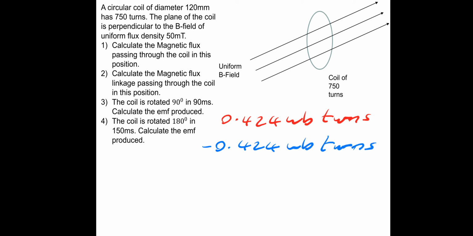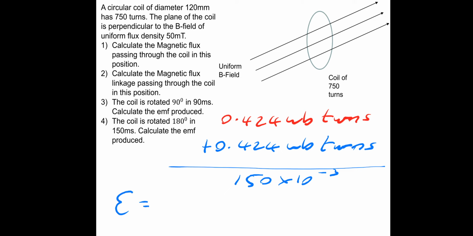So the change in flux linkage is these two values subtracted. So 0.424 minus minus 0.424, which is 0.424 add 0.424, or times by 2. Then we just need to divide by the time of 150 milliseconds. So I'm going to add them, and then divide by 150 milliseconds, 150 times 10 to the minus 3, which gives us an EMF of 5.65 volts.